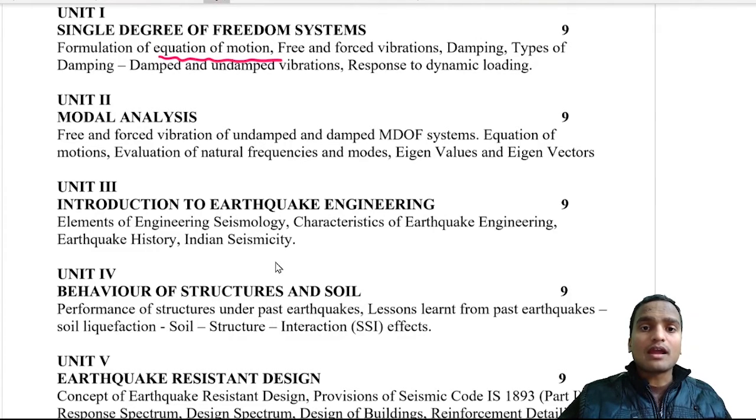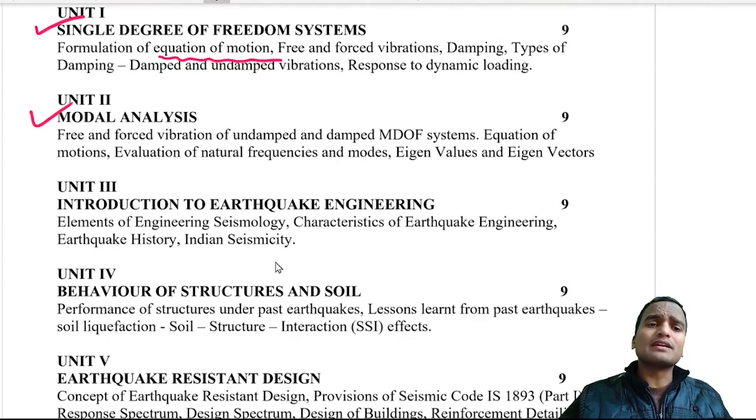Okay, and in case of free vibrations and forced vibrations, then in every vibration, vibration comes to stop because of damping. So we are also going to learn the types of damping, and how to respond to those dynamic loadings. Okay, response of a single degree of freedom system. So this is our unit 1.